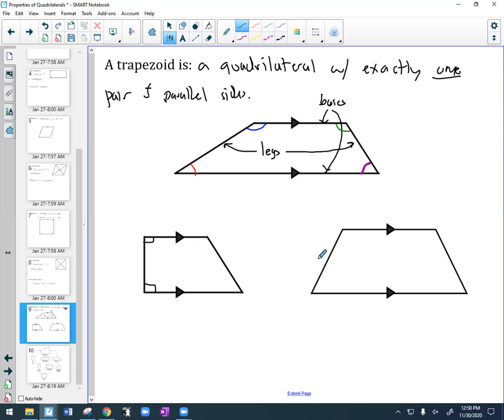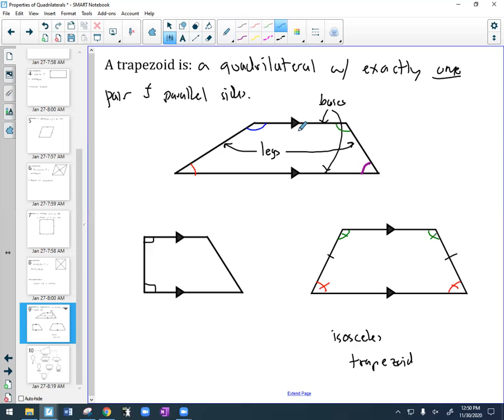And this one is a kind of a special one. Assuming, I would have to tell you this for you to be certain of it, if these two sides are the same, we call this an isosceles trapezoid. When the legs are the same length, we call it isosceles. And that has the characteristic that these angles are equal and these angles are equal.